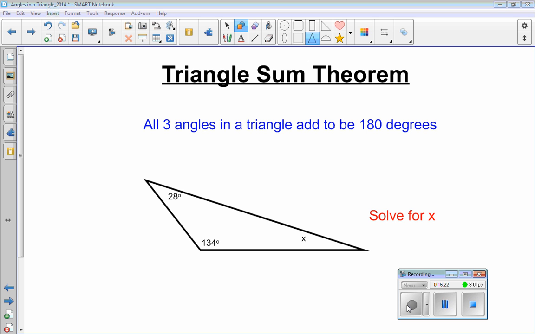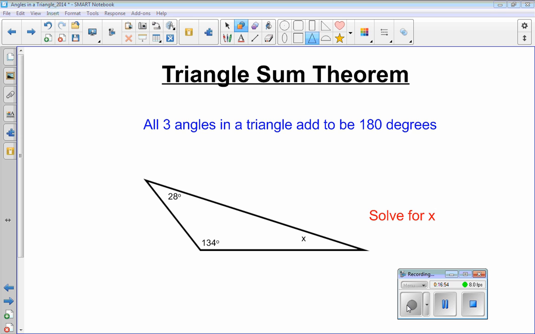I'm going to tape it up on the board. Start there. Add that one in there. And squeeze that last one over.